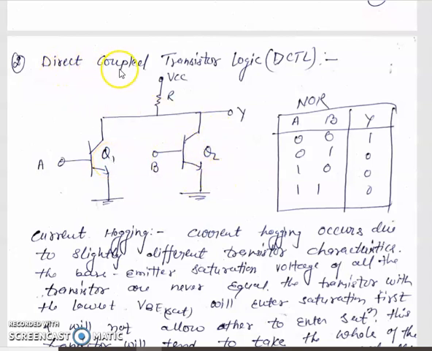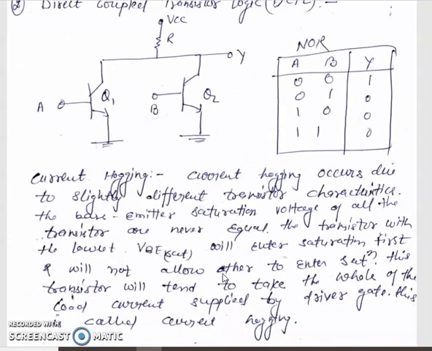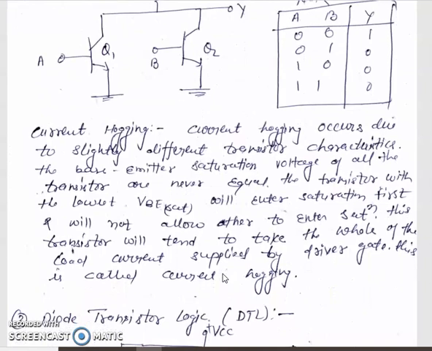So it is known as direct coupled transistor logic. Both are in parallel and the input is fed in the 4 combinations 0 0, 0 1, 1 0 and 1 1, and we get the truth table like a NOR gate, so it also represents the NOR gate, that is the DCTL. But the basic drawback here in the circuit is current hogging.